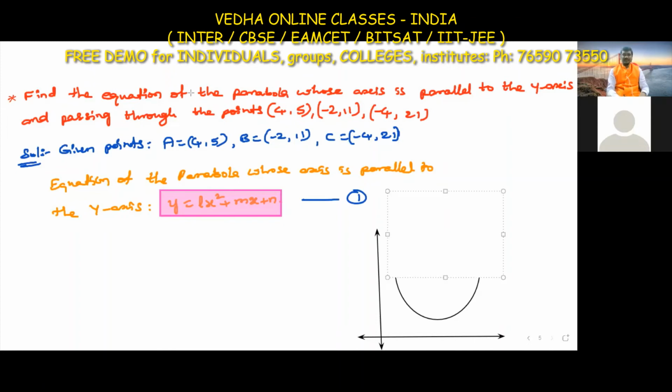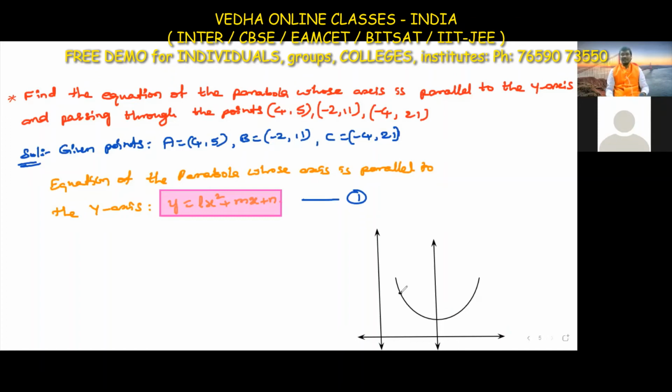Okay, so like this we get the parabola equation, and the axis is parallel to the y-axis. This is the axis of the parabola. Whenever the axis is parallel to the x-axis or y-axis, we use the formula like this.